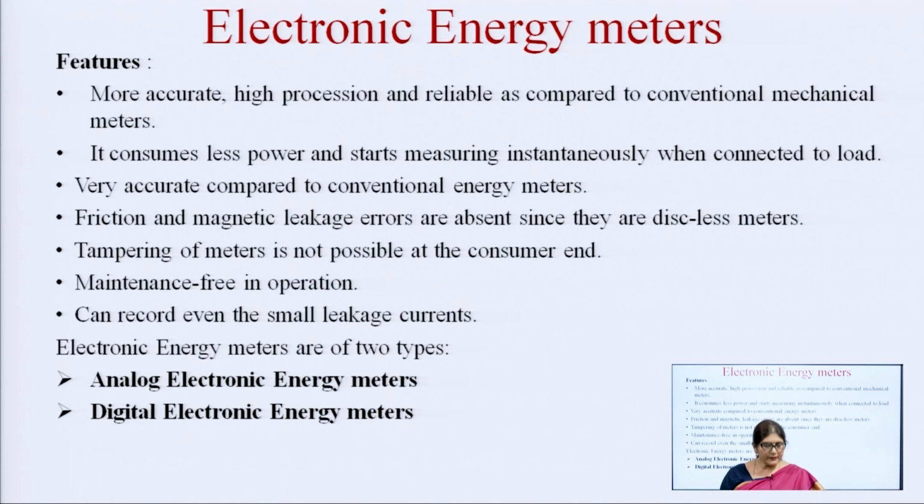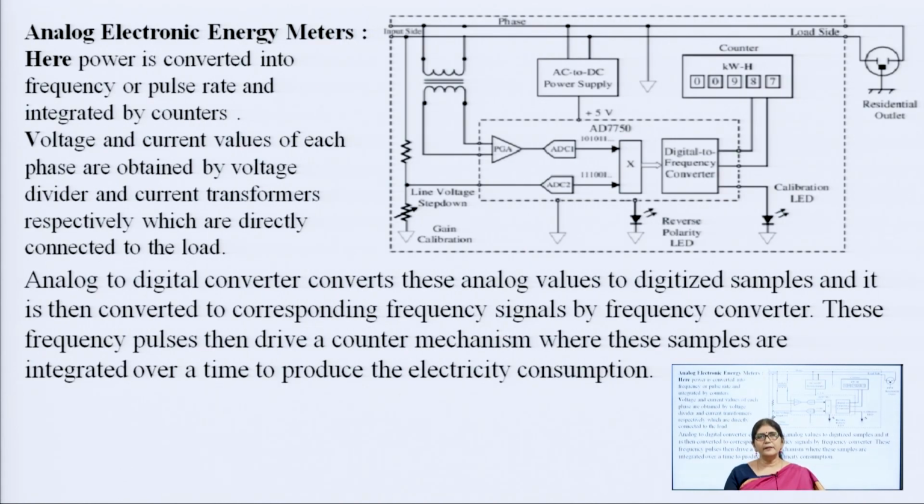meter. The basic difference between analog and digital meters is that in the digital meter there are sensors, and the sensors sense the voltage and current. In the analog energy meter, we can see in the figure the voltage and the current coil; in place of the shunt magnet, here we are using a current transformer.